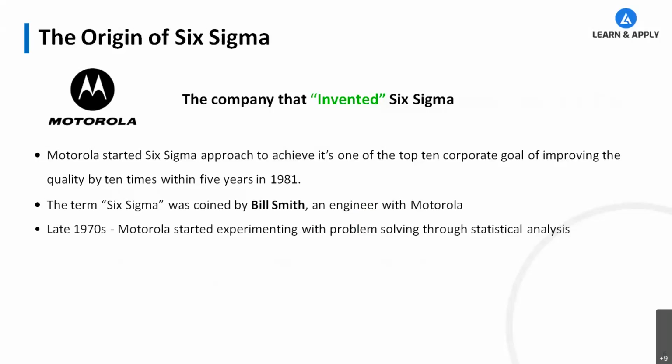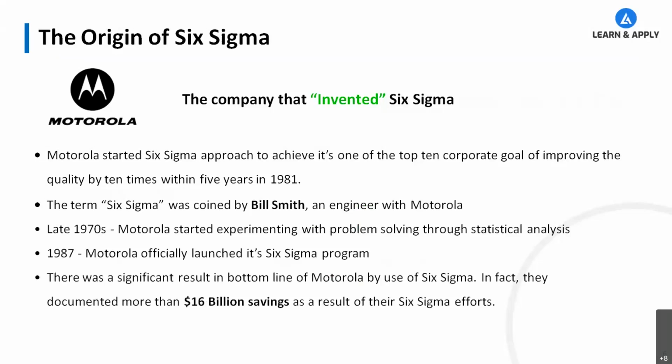Late in the 1970s, what happened? Motorola started experimenting with multiple problem-solving methods like statistical analysis. And in 1987, with all their trials and efforts, they came up with a program called the Six Sigma program, and it was officially launched in 1987.